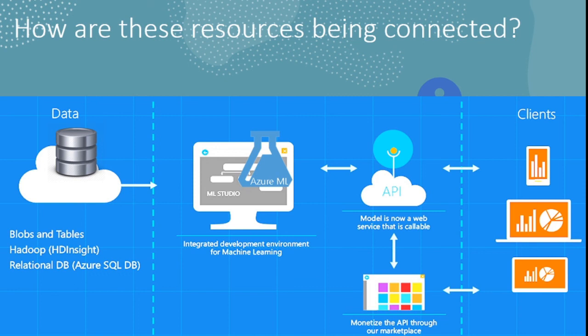Then we fetch those data to the integrated development environment for machine learning, where we clean the data, train it with an algorithm, and evaluate the model. Once our model is ready with expected accuracy, we publish or deploy using the web services. Then we need to consider access control, which is important for exposing our solution to clients. Therefore, only authentic clients can use your solution.